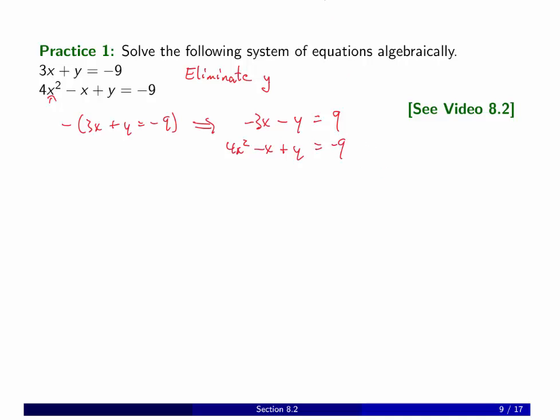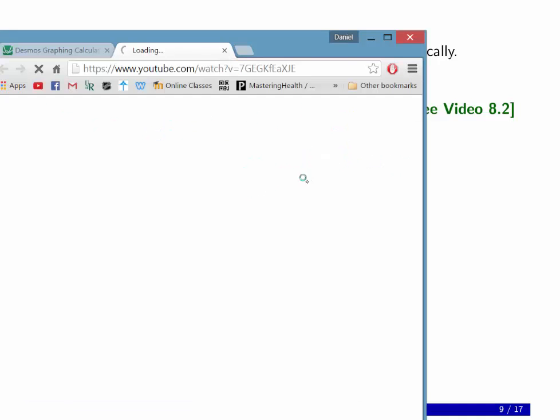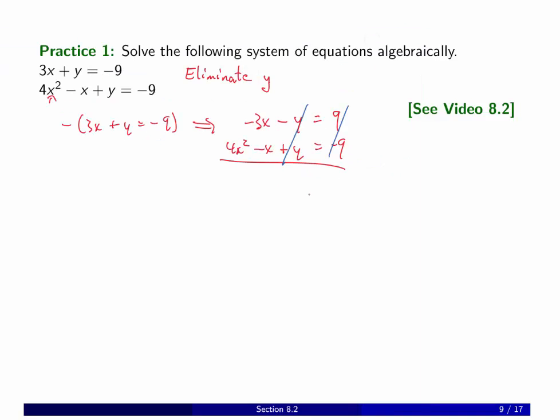Look at this. Here, y's cancel. These also cancel to give you 0. So the result of this addition is 4x squared minus 4x equals 0.